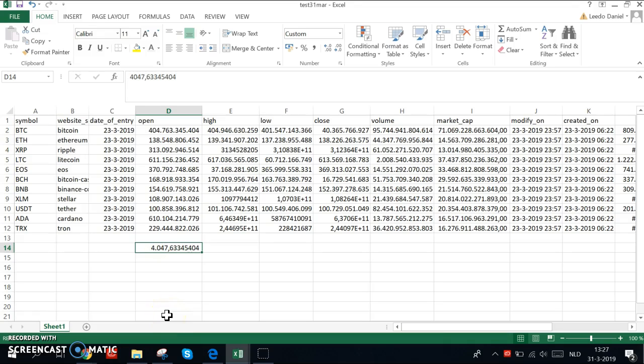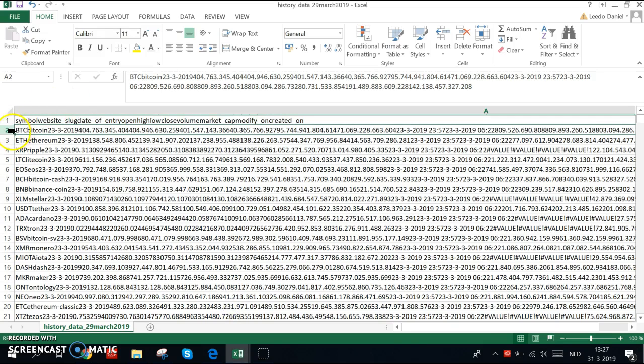This is for $1,047, and then the rest is the cents. However, this is what I'm getting with the CSV. These numbers are way too large, and the problem is here. It's already in this huge format. So this is the problem.